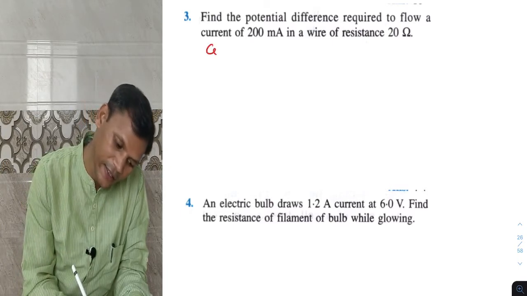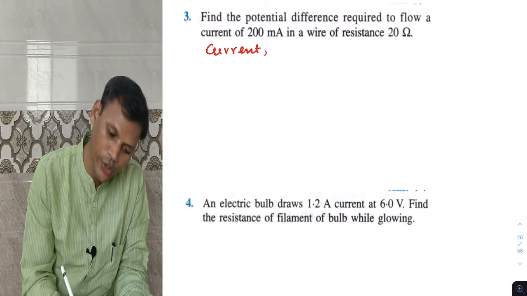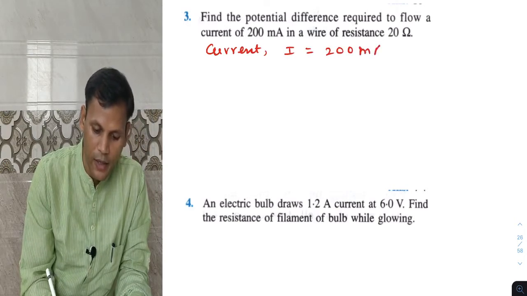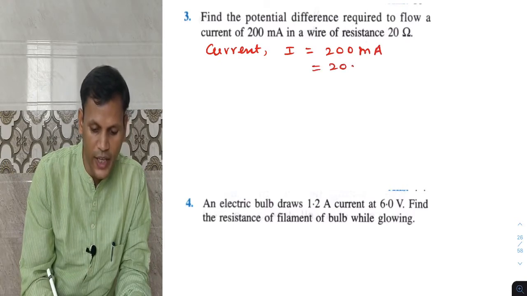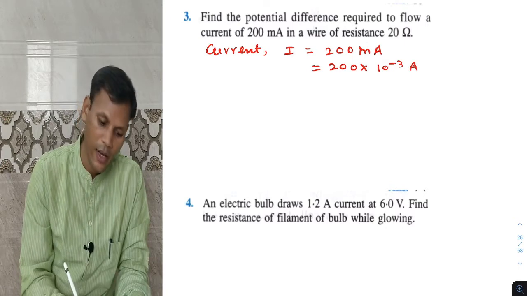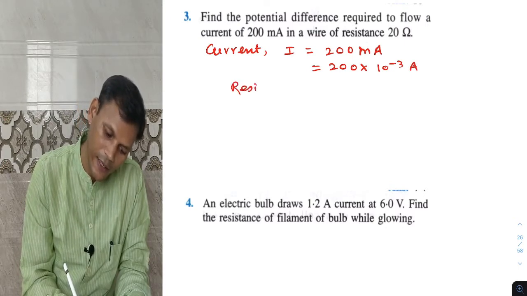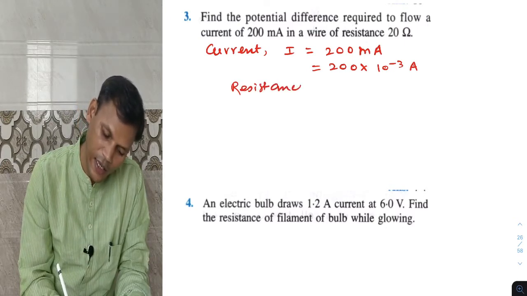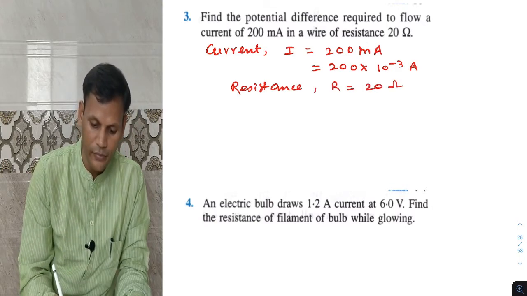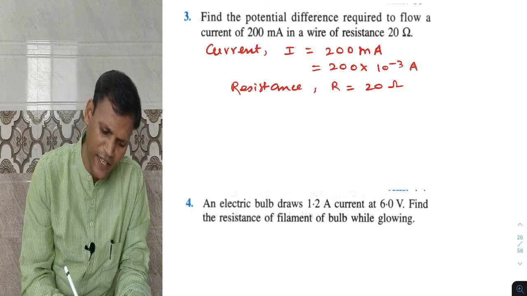Current I is equal to 200 milliampere, which I can write as 200 into 10 raised to minus 3 ampere. And resistance R is equal to 20 ohm. So the potential difference is to be found out.